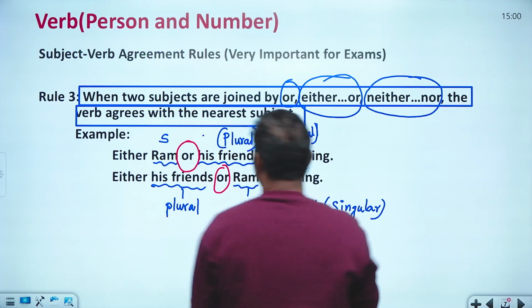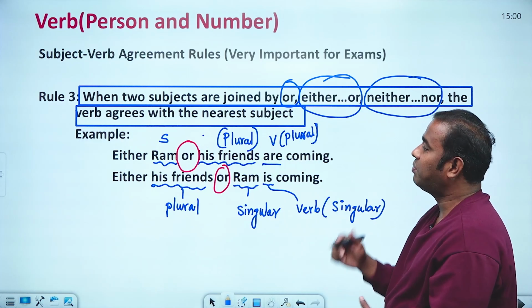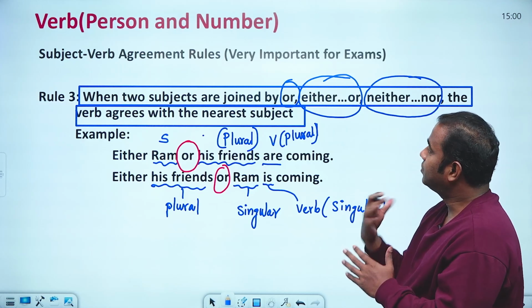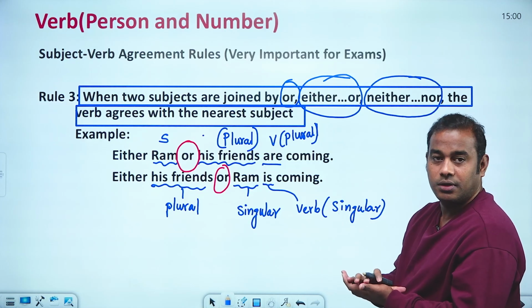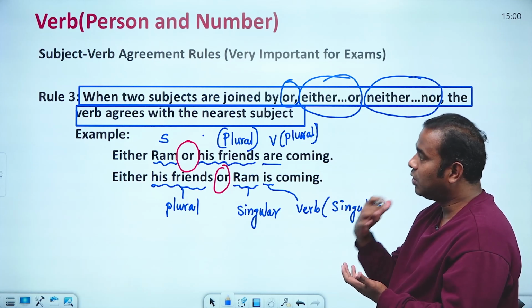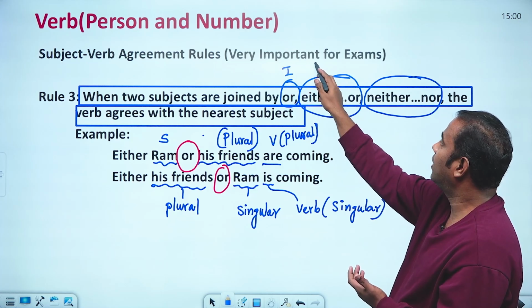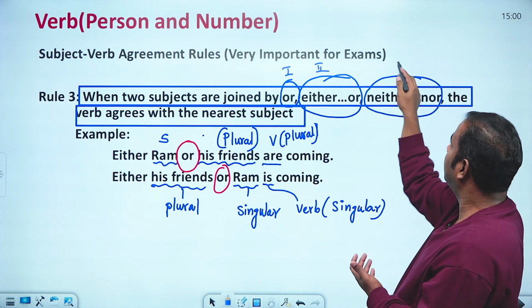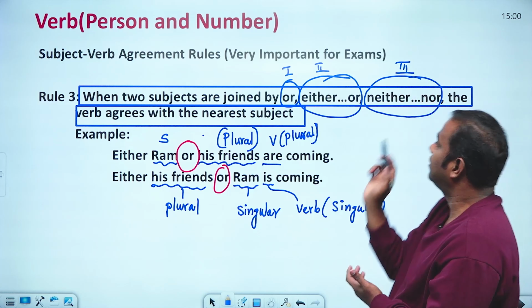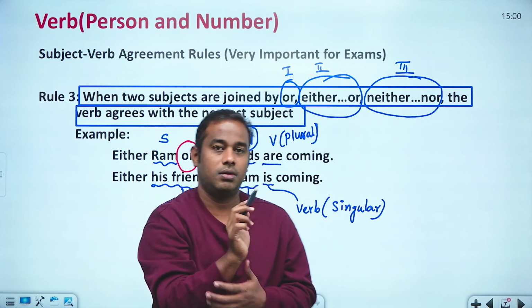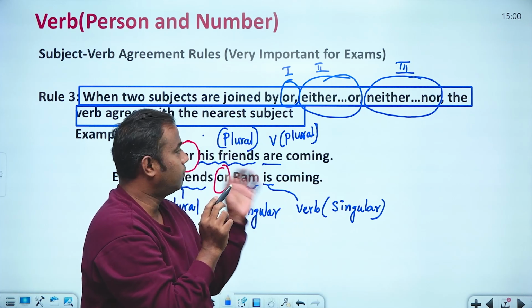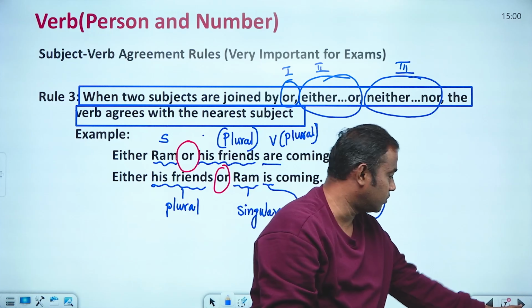Please note down this one and remember that. So or, either or, neither nor, these three keywords, whenever they are there, you should follow these rules.